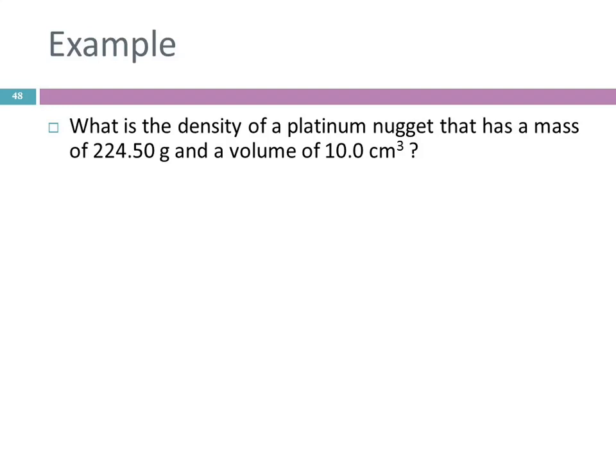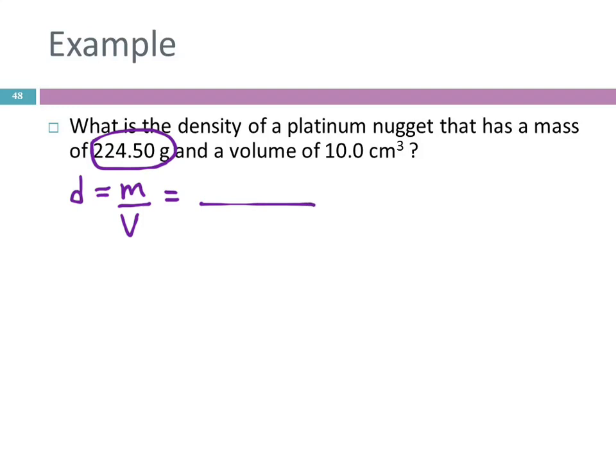So density is the mass over the volume. And here, this is a nice getting started problem. They're giving us the mass. So this is mass. They're actually telling us it's the mass, but if they didn't tell us, we should be able to look at the unit and we should know that gram is a unit of mass.